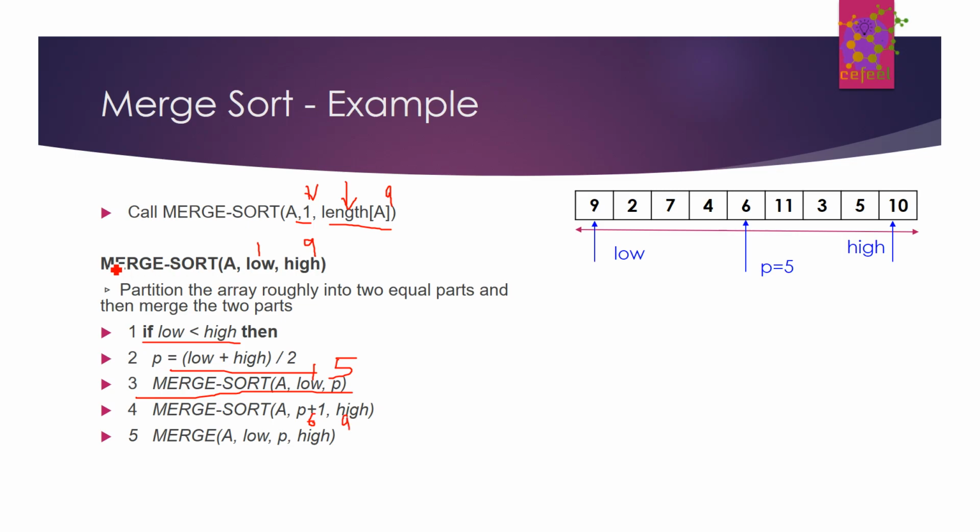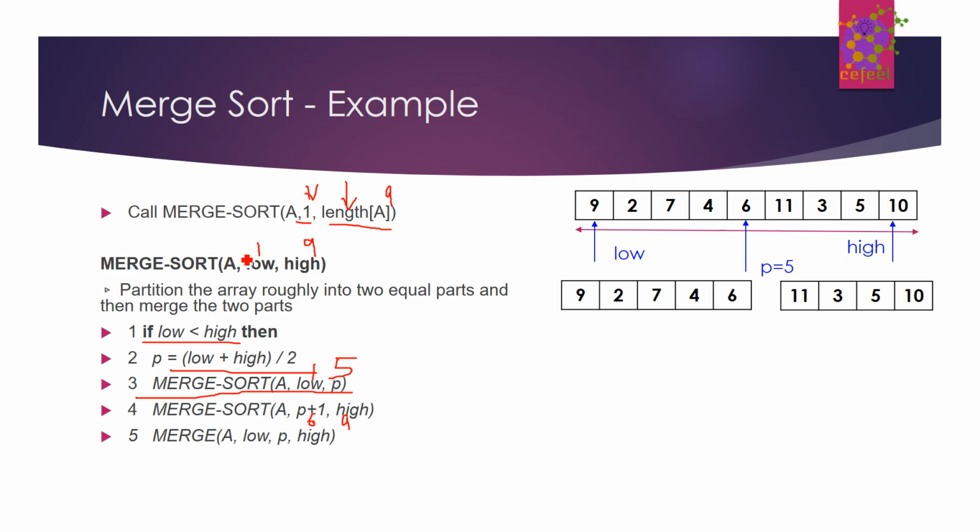So the first step is to call merge sort with low and p, which means A, 1, 5. This reduces the size of the array, which means we call merge sort again with the left half of the array, and then step 4 calls merge sort with the right half of the array, which means 6 and 9. So we have merge sort A, 6 and 9.